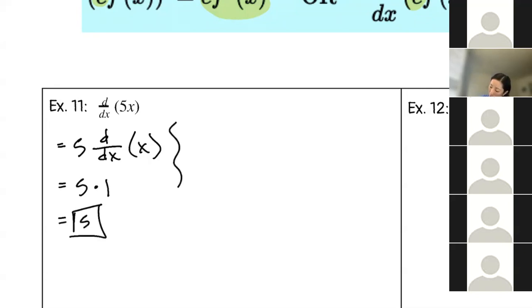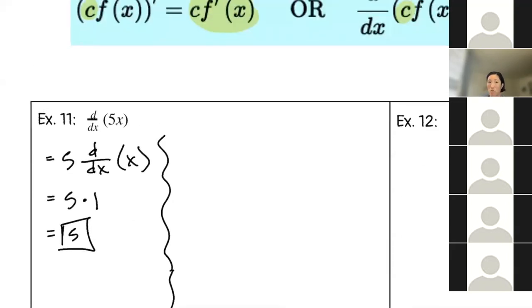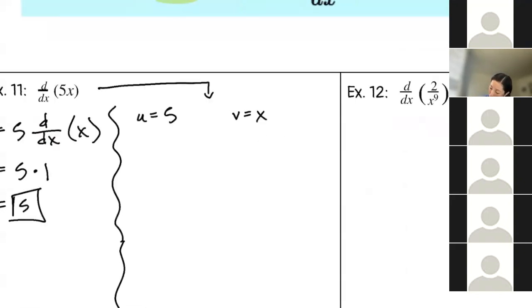But if you were like, 5 times x is the product, and she told us to always use product rule, then maybe you would set it up like this. u would be 5 and v would be x, right? If you wanted to use product rule.